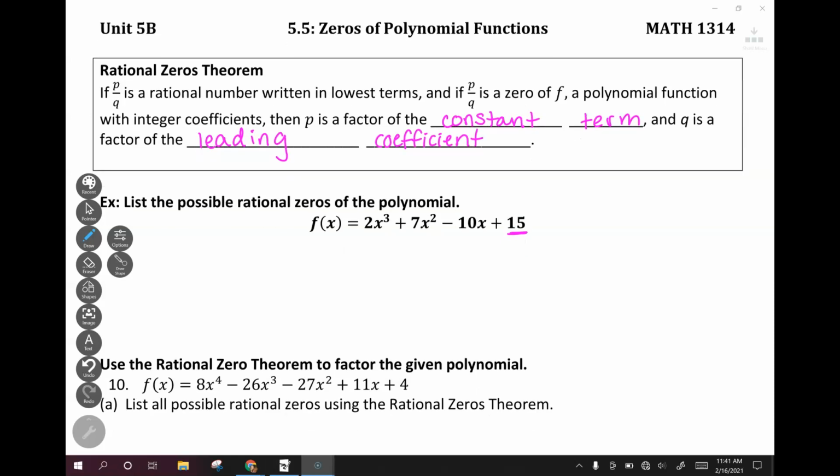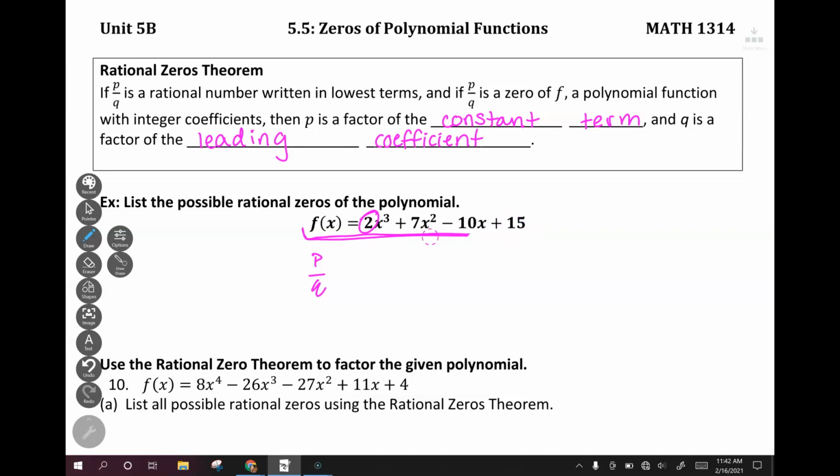Okay, so what that just said was that any rational number that is a zero of this polynomial has to be written in the form P over Q, where P is going to be a factor of 15, so 1, 5, 3, and then Q has to be a factor of 2.